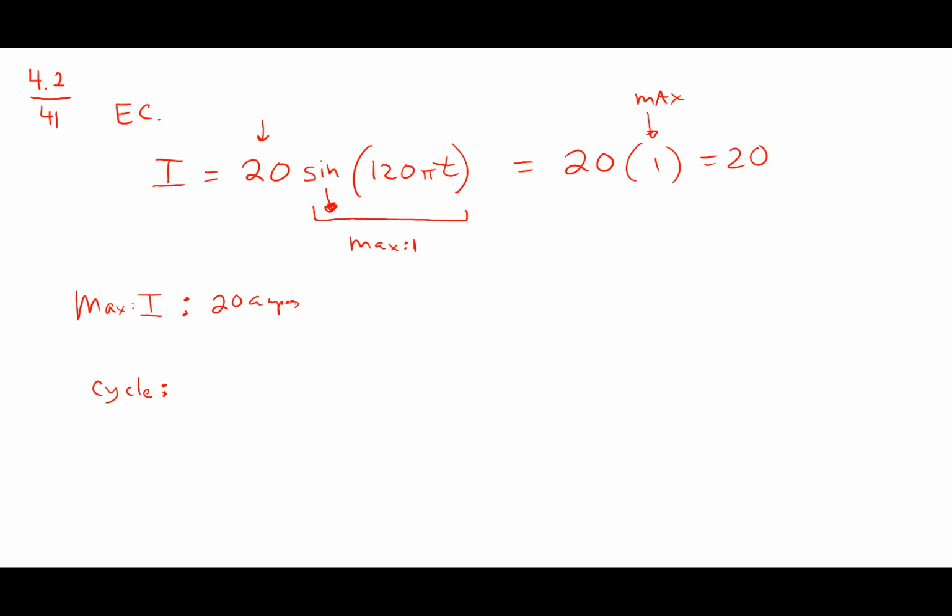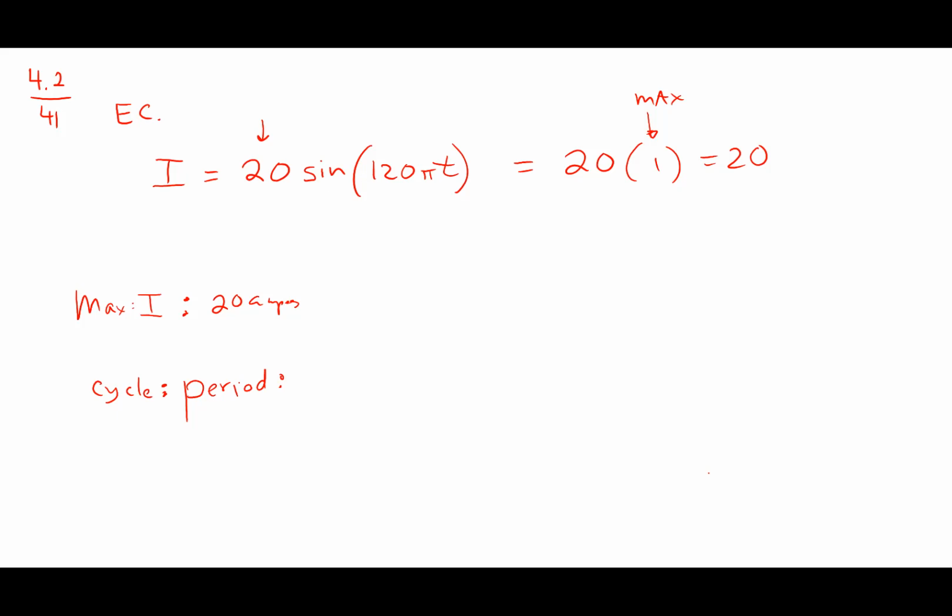Okay, cycle. So let's move on to the next one here. The cycle is the same thing as period. If you realize it, like, oh, that's right. Period determines the cycle. So as long as the cycle goes through once, the period is going to go through it again. And so how do we determine a period of sine? It's going to be 2 pi divided by b.